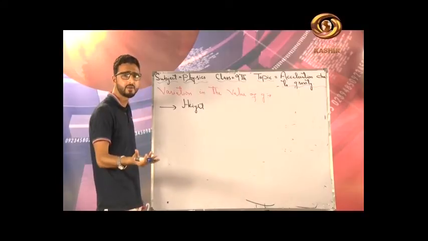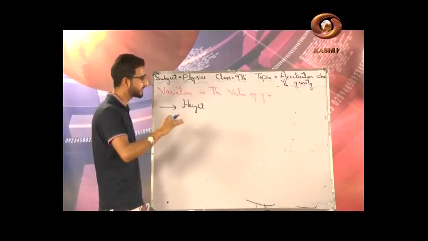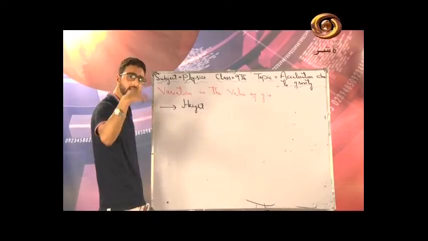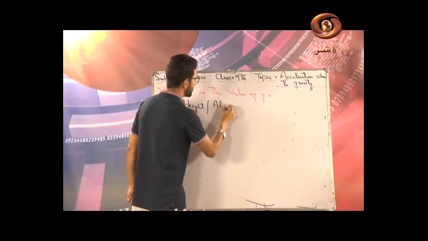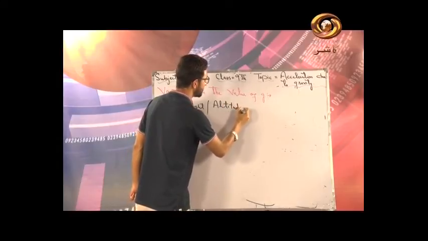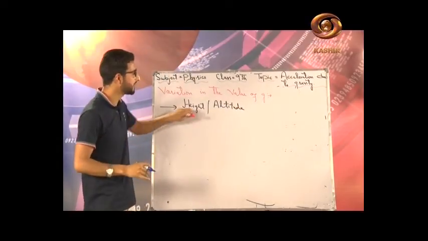Basically, you will study this in 11th class. I will tell you the points; I cannot derive the expression here, but I will definitely tell you the result. It depends upon the height, or you can say it depends upon the altitude, right? So it depends upon height or altitude.